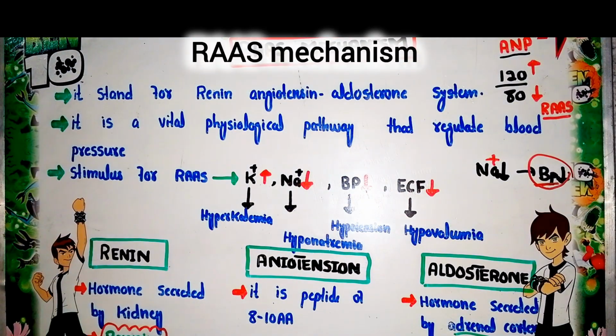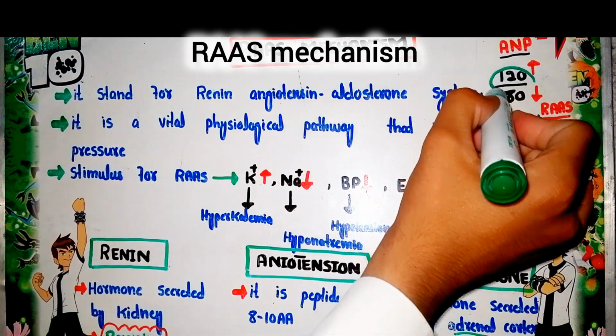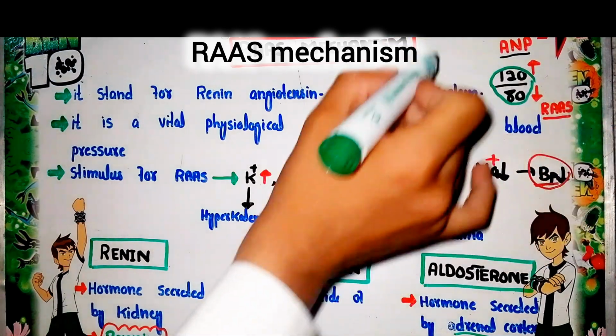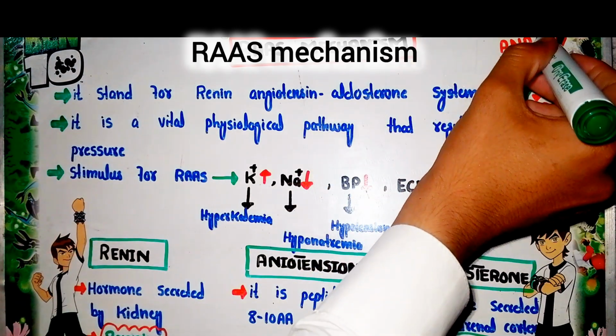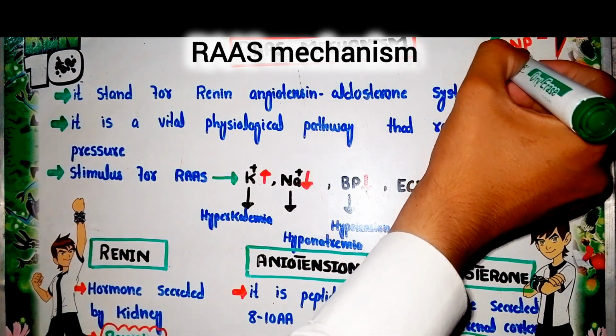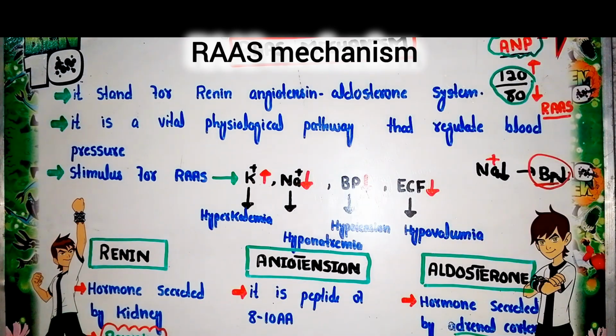Now let's come to more about this blood pressure drop and rise. Our normal blood pressure has a value of 120/80. When the blood pressure rises from the normal range, we call it hypertension. In this case, a hormone is secreted from the heart that we call atrial natriuretic peptide.